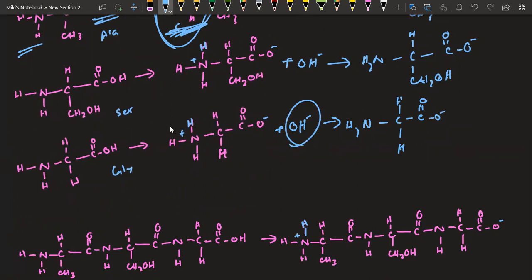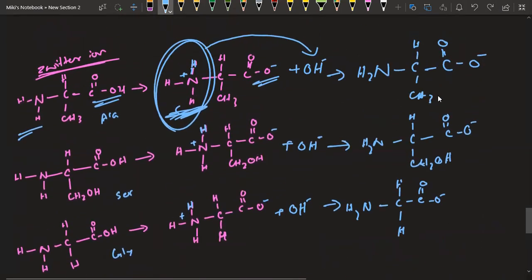Remember this OH minus reacts with that H plus forming H2O. Okay, we don't need to show that. That's the minority, the side product that you don't need to show. But this is the main thing you are required to show, or observe, because this is the negative ion charge, and negative ions are attracted towards which terminal? Positive terminal. So G was the positive terminal, the anode.